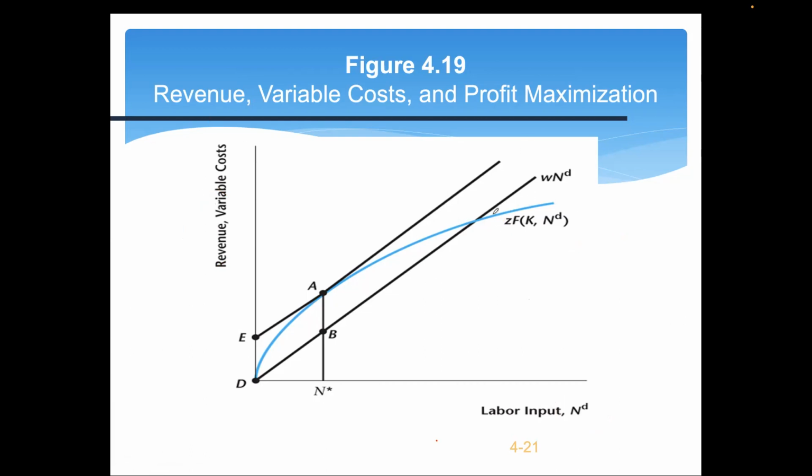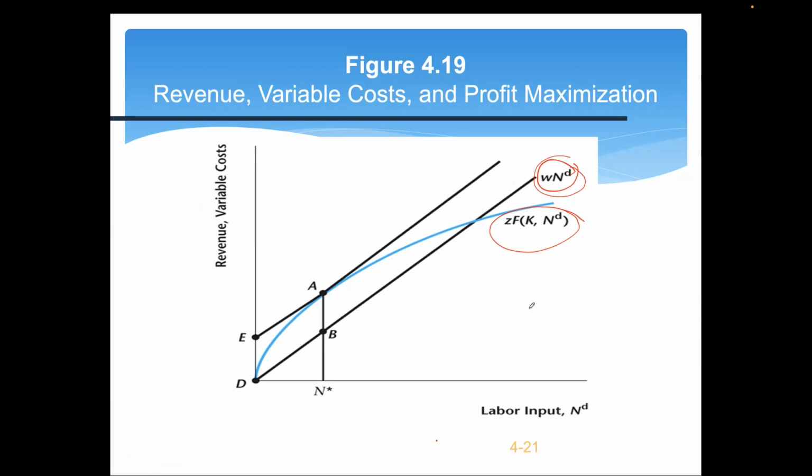Now we also plot this W ND, right? And then, what is W ND? This is the cost. And remember, the profit equal to this minus this, right? But by the way, these are just in real term.